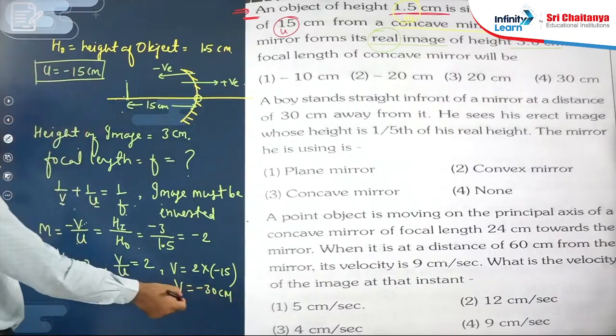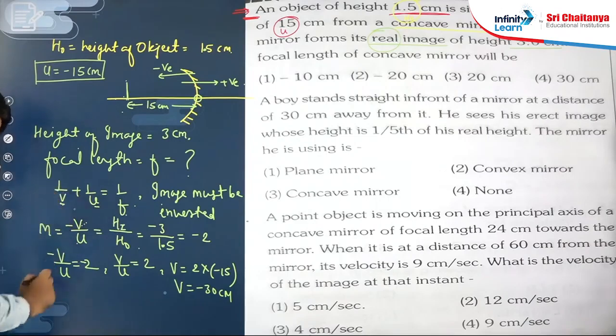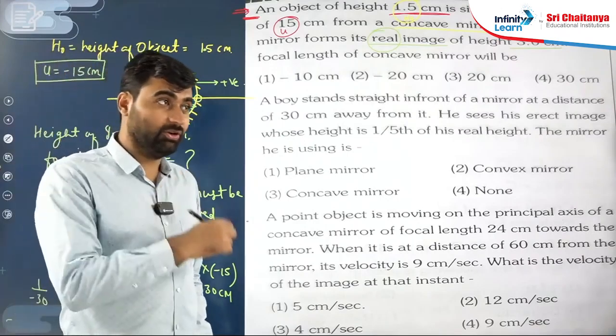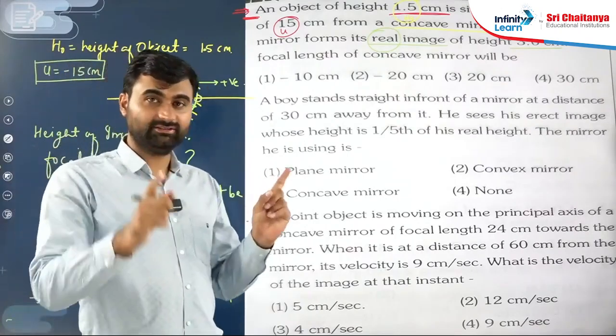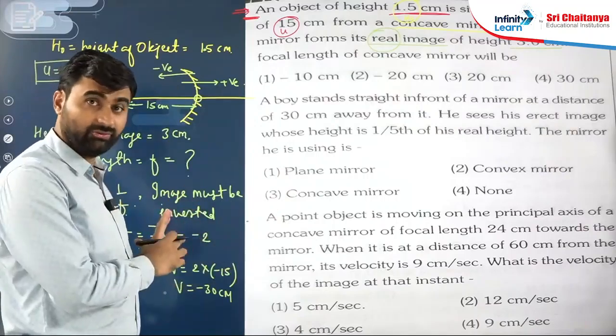Now we can put all these values in this formula. Okay, what do we have to find out? f. So 1 by v, the v value is minus 30. Now understand this point. In this formula, as I said earlier also, whatever values you put, put those values with sign.